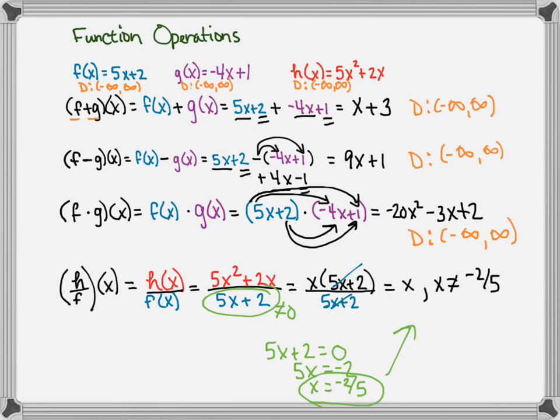That means the domain here is going to include all the values in the domain of h of x and f of x, but not including negative 2/5. So I can write this in interval notation as negative infinity to negative 2/5 union negative 2/5 to positive infinity. This means all real numbers, but not negative 2/5.